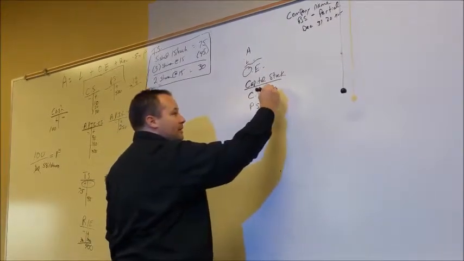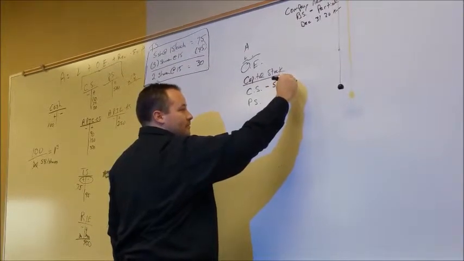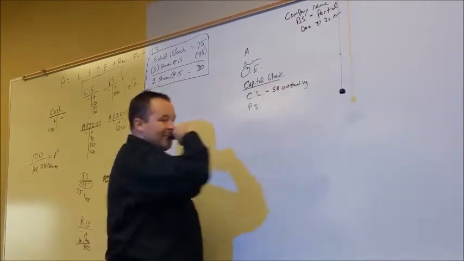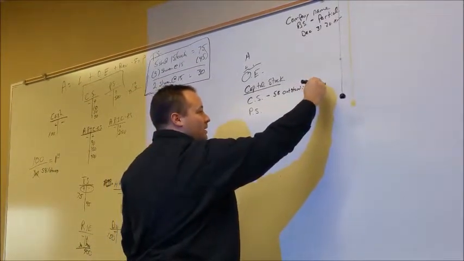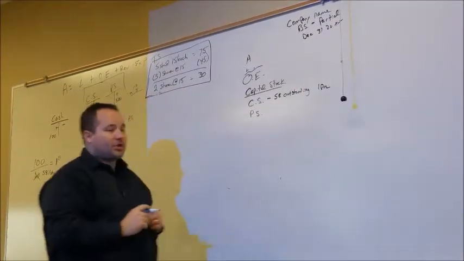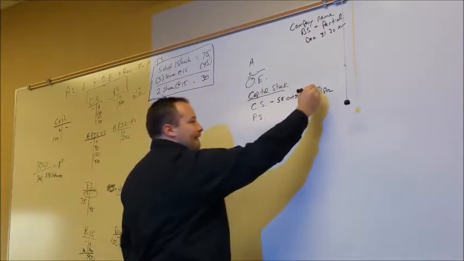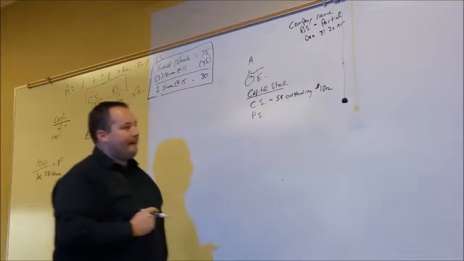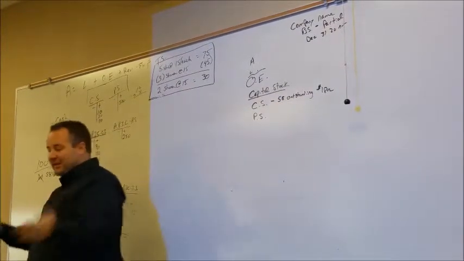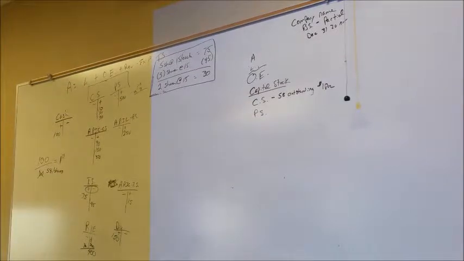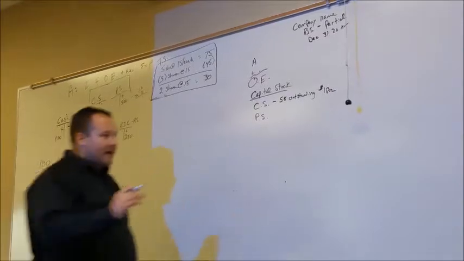I want to put here 58 outstanding. I would also list the $1 par as a little bit of extra information in there. If I knew how many we had authorized, I didn't tell us that in the problem, I would put that in there too.